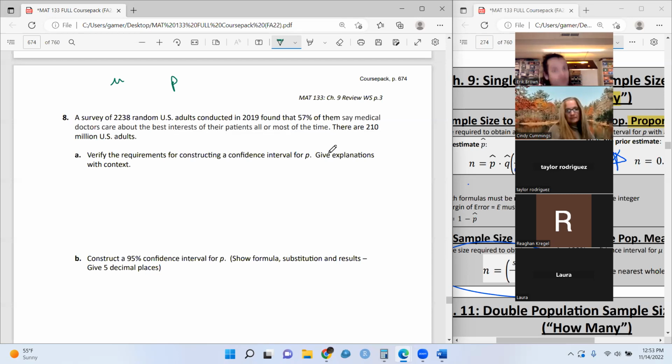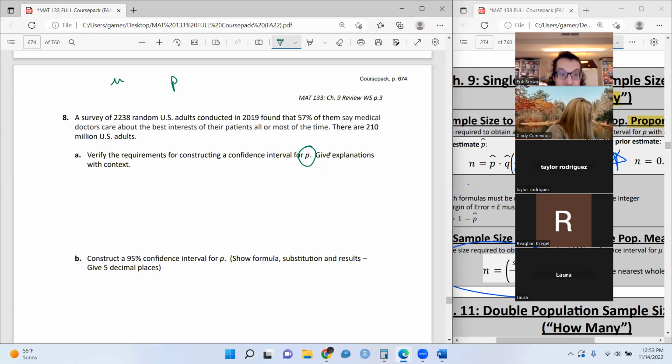That's helpful. What else? Did anyone look at A and look at this thing right before the end of the sentence? Verify the requirement for P. That's the clearest sign that you're doing proportion.